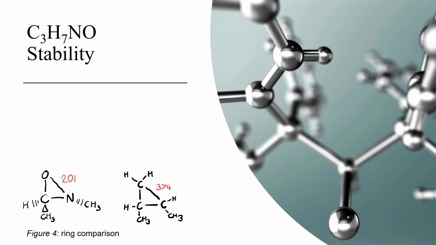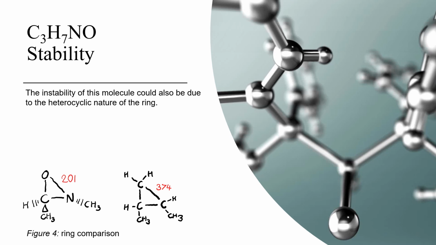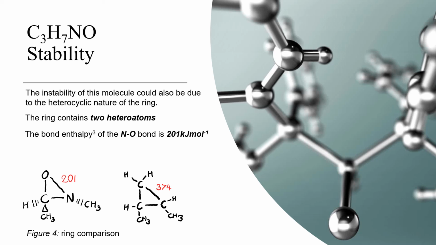Another reason that we might see instability in the molecule is due to the heterocyclic nature of the ring. The ring contains both oxygen and nitrogen, and the bond between oxygen and nitrogen is far less strong than the bond between carbon and carbon.